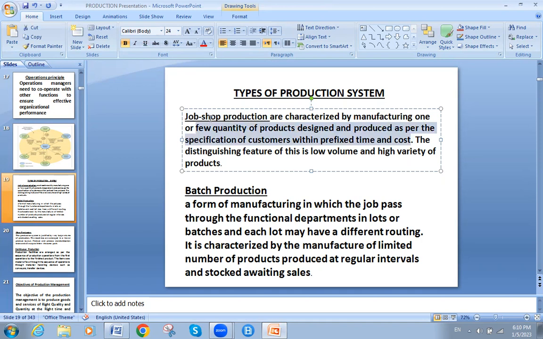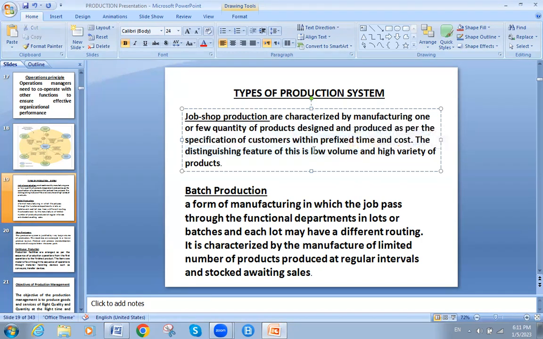It looks exactly like when you go to the tailor, instead of buying a ready-made suit, you go to the tailor to stitch for you this suit or this dress, as an example. So it's based on the qualification of the client, within prefixed time and cost.